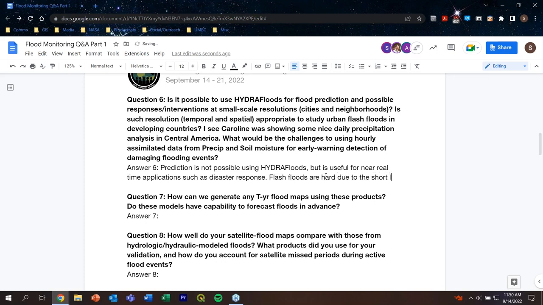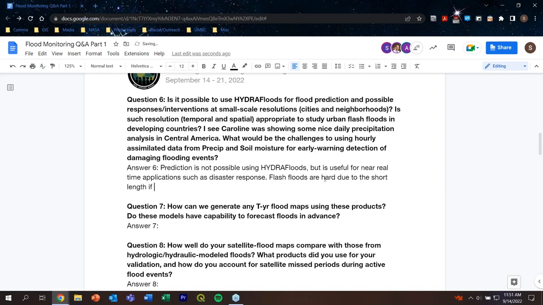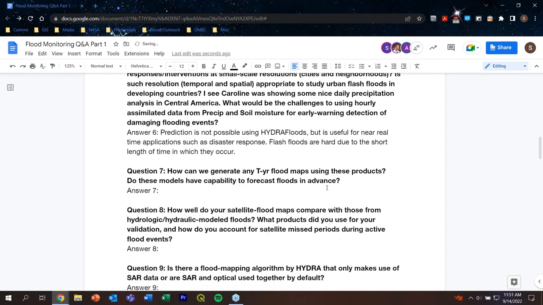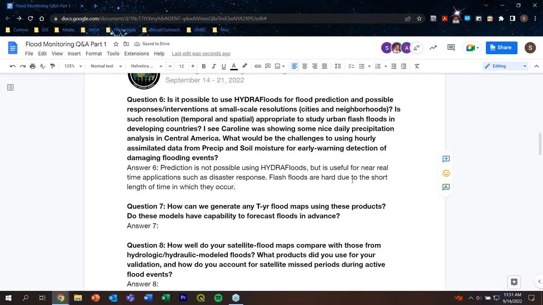Yeah, there is also a good question. Caroline was showing some nice daily precipitation analysis in Central America. What could be the challenges to use hourly assimilated data for precip and soil moisture for early warning detection of damaging flood events? So yes, that has been happening.